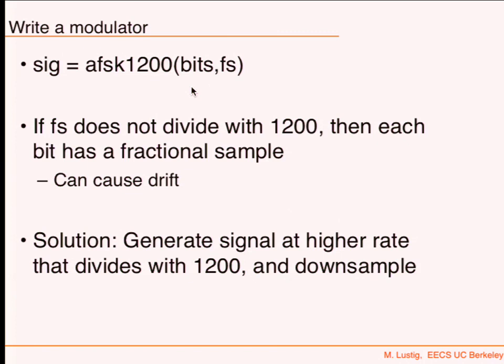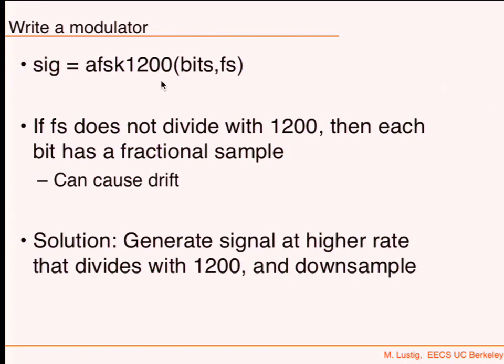Yes, we could have just used 48 for the entire lab. But there's a CD that someone has recorded of traffic from the LA area that is used as a test signal for people to test how good their modem is. And that is sampled at 44.1. So I want you to be general, and I think it's good to be able to work with that.